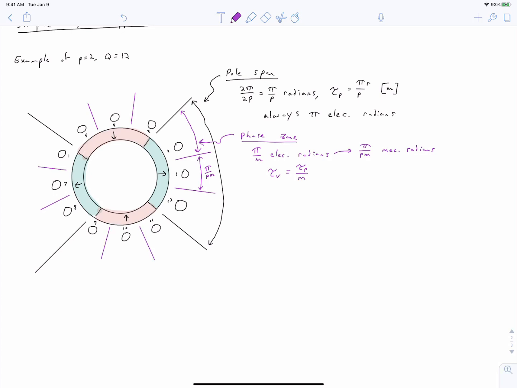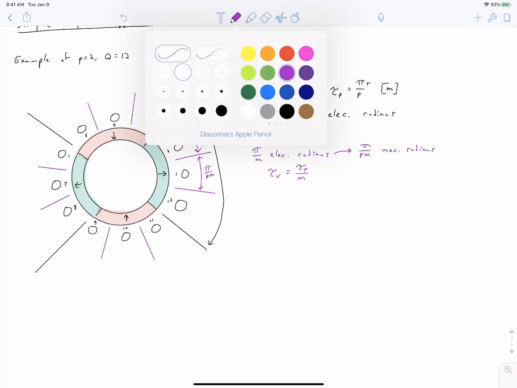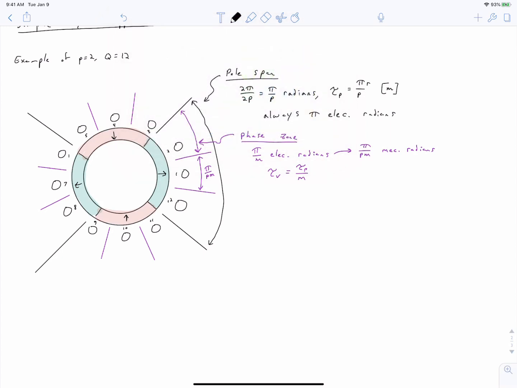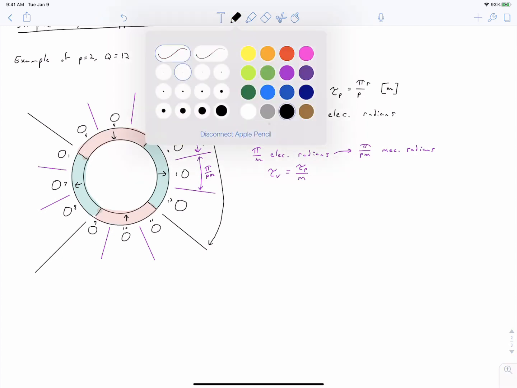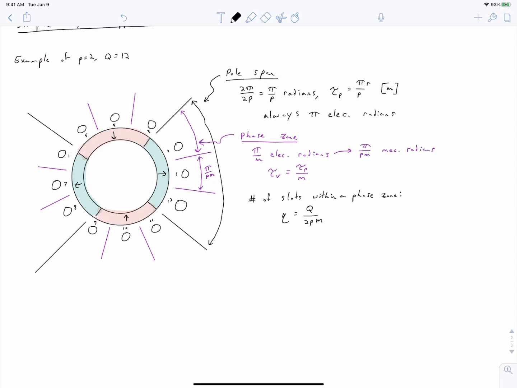And within a certain zone, we expect to have some number of slots. And this is going to be the value of our slots per pole per phase. And remember that we had said that the condition of this winding approach that we're developing now is that we have an integral slot machine, which we said meant that little q is an integer. So therefore, we have an integer number of slots within a phase in order to be able to use this winding layout technique.